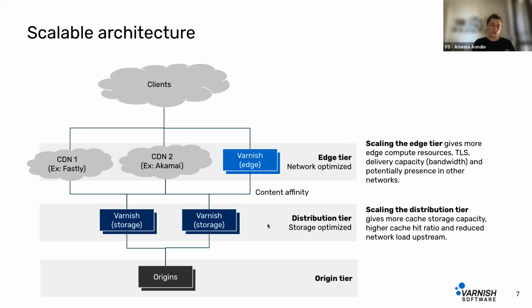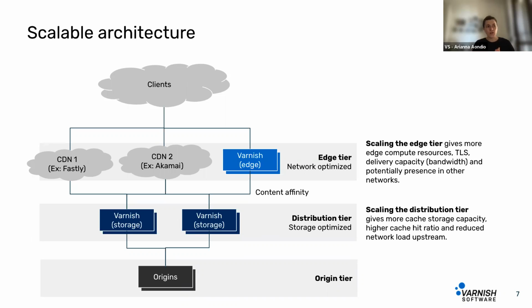Then we move to the storage tier. Here the story is slightly different. This tier will not be as dynamic as the edge tier. So the scaling here may include auto scaling, but it can also be a manual scaling. For example, if you scale vertically your setup, then very likely it means you're mounting new disks within a rack.